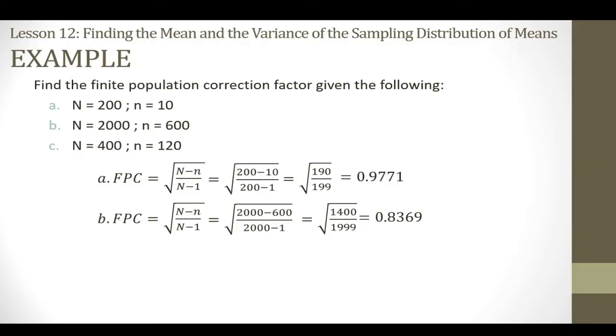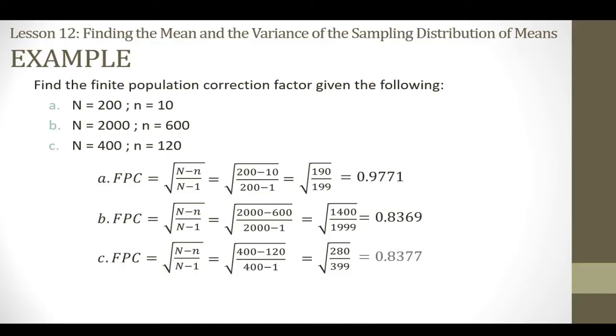Kuha? Okay, good. Next. For the third one, ang total population ay 400. Ang samples ay 120. By substituting the variables, 400 minus 120 is 280. 400 minus 1 is 399. Get the quotient and the square root. We get the answer of 0.8377. Nasusundan ba? Dali lang, di ba?